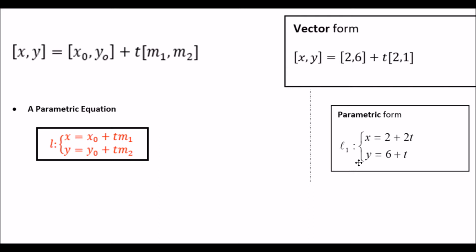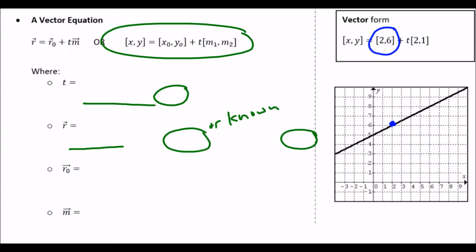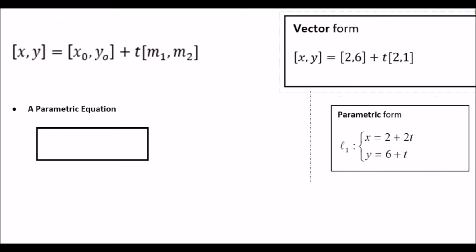Parametric form here. So if here's my vector form, so you can see t, my x would be equal to 2 plus 2t, which is right here. y is equal to 6 plus 1t, or just t. Parametric form and vector form are very, very similar. In fact, they are the same thing, just written a little bit differently. All right.